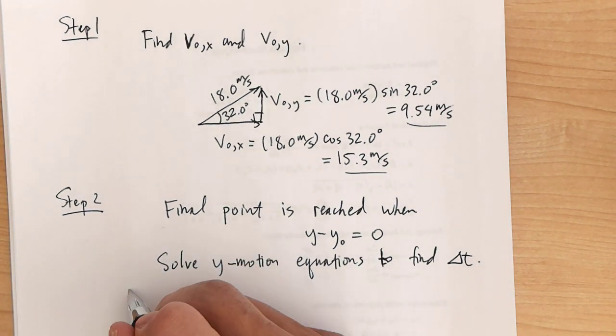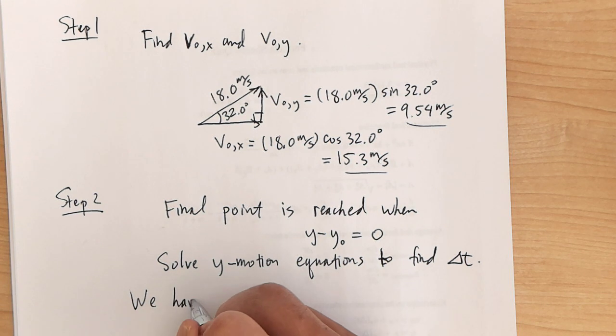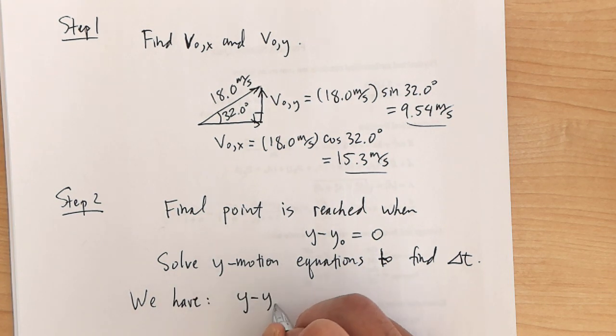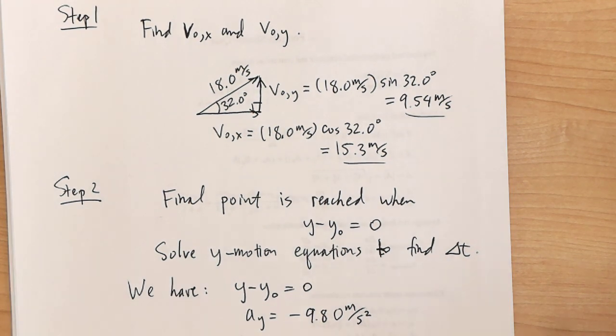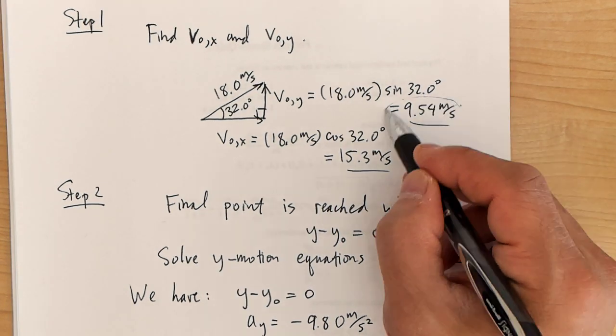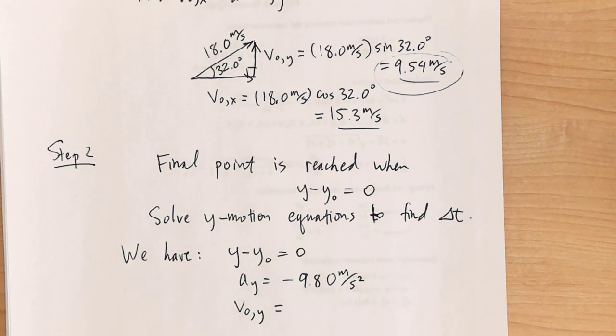Okay, so let's take inventory of what we have. We have y minus y0 is equal to 0. We have ay is equal to negative 9.8 meters per second squared. And v0y, well, that's what we got up here, 9.5 meters per second.